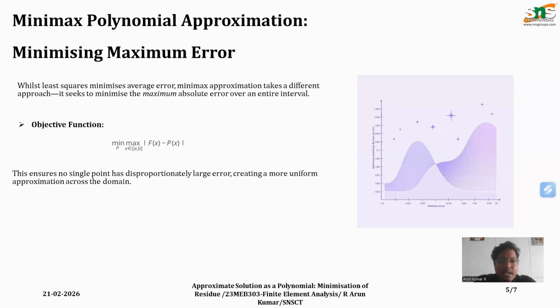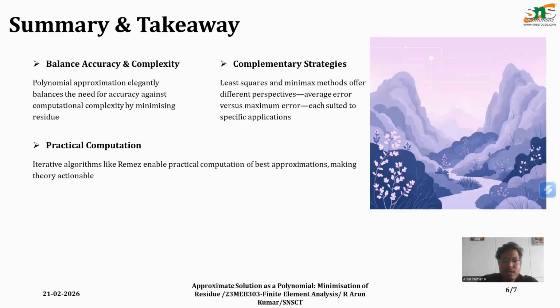The objective is the minimum of the maximum of the modulus of f(x) minus p(x). This ensures no single point has a disproportionately large error, creating a more uniform approximation across the domain.